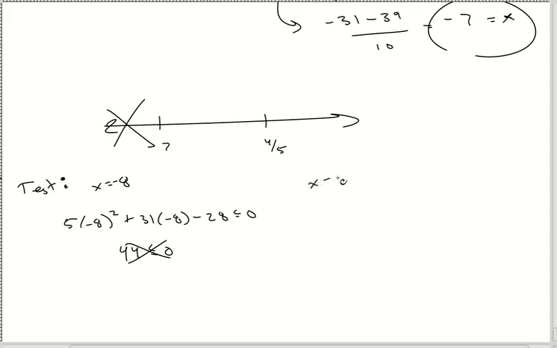What's an easy number in here? Let's try 0. If you do that, you get 0 plus 0 minus 28 is less than or equal to 0. Is that a true statement? Yes. Cool. And then finally over here, what's an easy number past 4/5? 1. And you'll end up getting a positive number. Is a positive number less than or equal to 0?